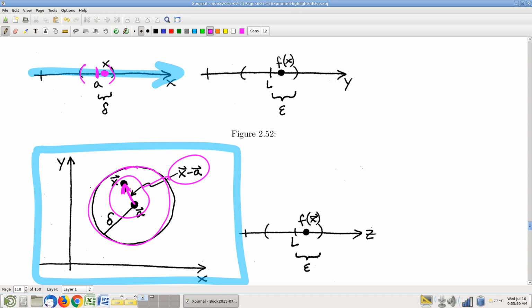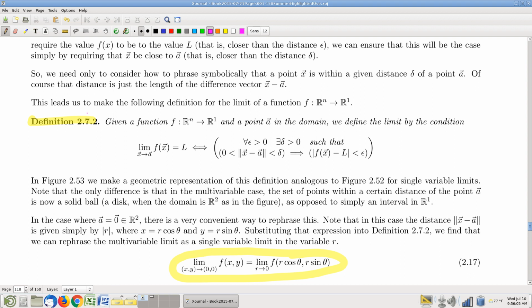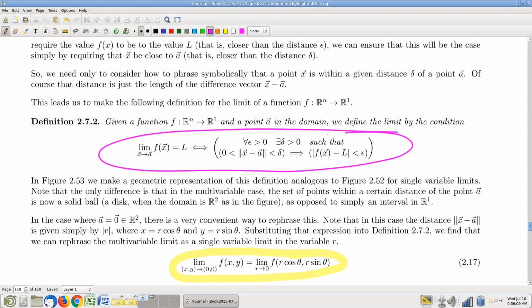You can't compare things like that. But what describes x being in that disk is that x minus a have magnitude less than delta. So that's the only thing that has to change when you want to write the definition of a multivariable limit.